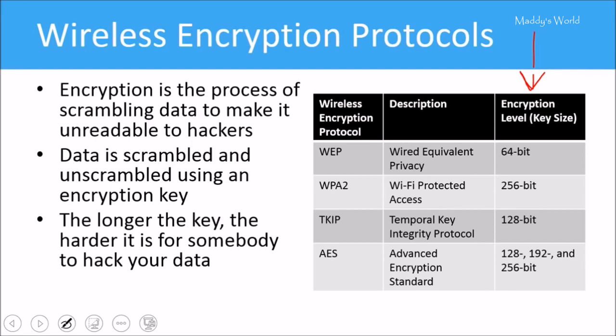So the longer the key, the harder it is for somebody to hack your data. So if you have a 256-bit key, it takes a lot longer for a computer to try to hack your data and figure out what kind of messages you're sending back and forth. In contrast, a 64-bit key probably isn't going to be super secure now.